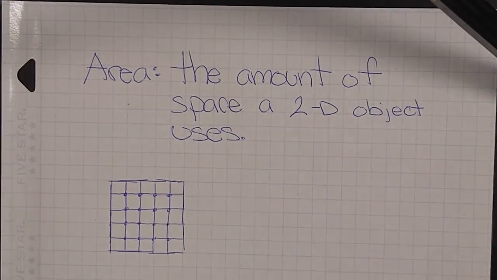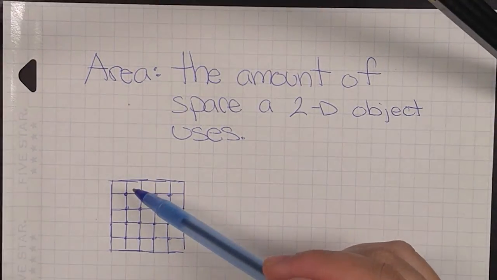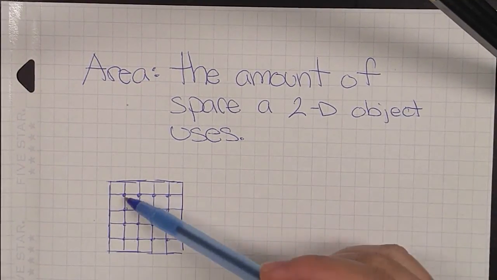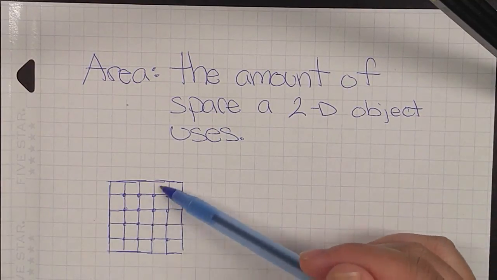And then from there, because we're talking about the amount of space, we're actually not talking about the outside, which is the perimeter. We're talking about the inside, which is the actual part, what's the space inside the shape.